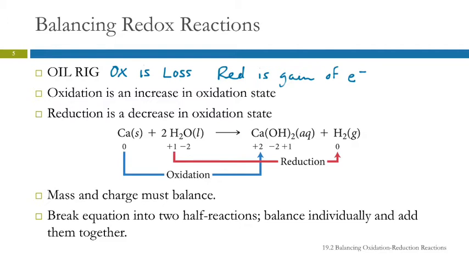You can get the masses to balance, but you're going to have a dickens of a time with the charges. And so we use a half reaction method. So we take the equation and we break it into 2 half reactions, one for the oxidation, one for the reduction. You balance them individually, and then you add them back together.